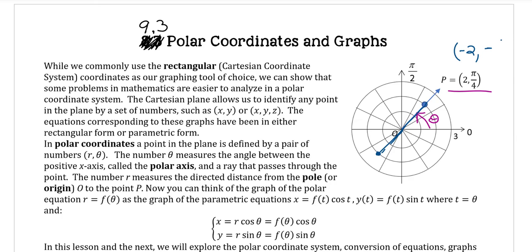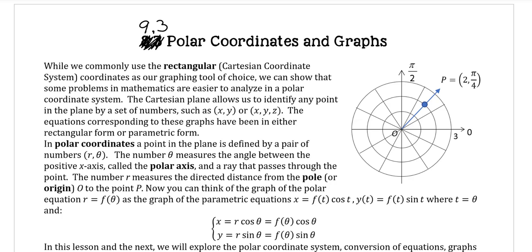So what that would do for me is I would come out from the pole in the -2 direction, and then I would need to trace out a -7 pi over 4 angle, so that would move me over here. So there isn't a unique set of coordinates for one point like there is in the Cartesian system, because of the fact that we go around and we have periods and frequencies and things of that nature.